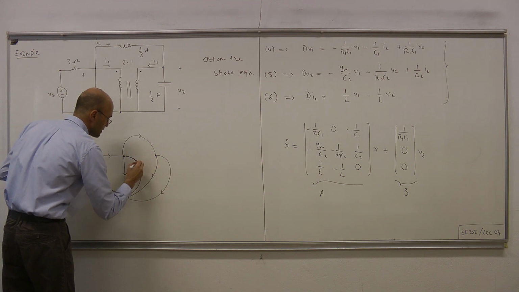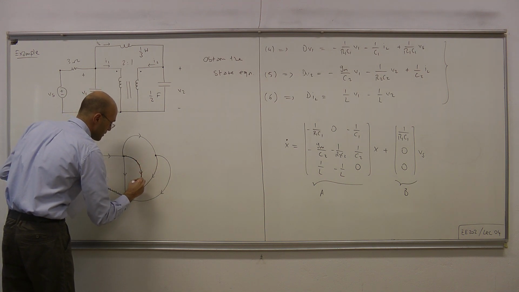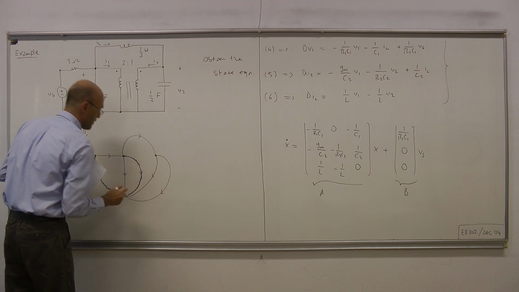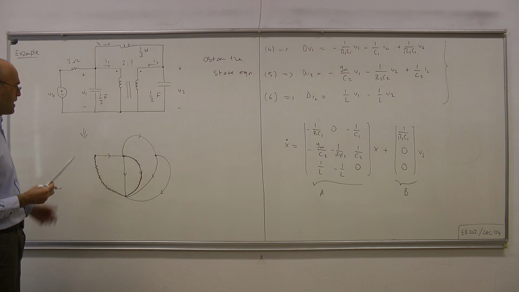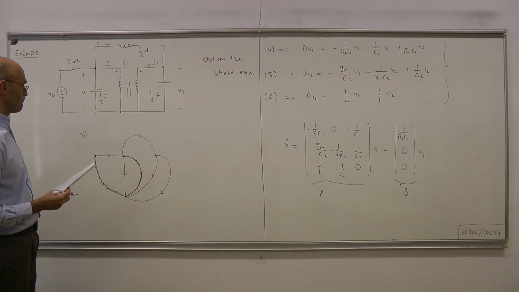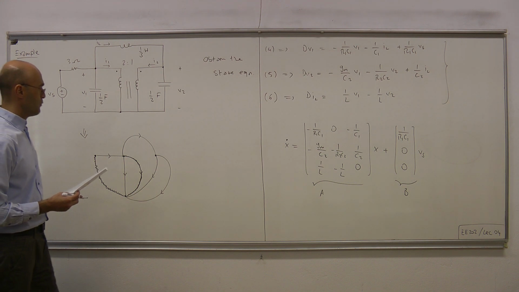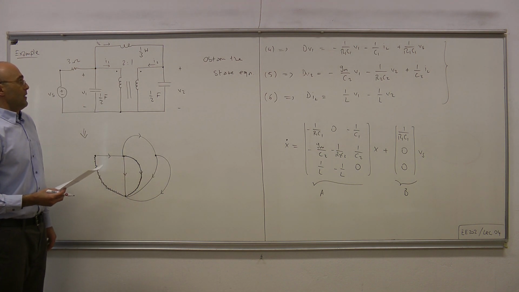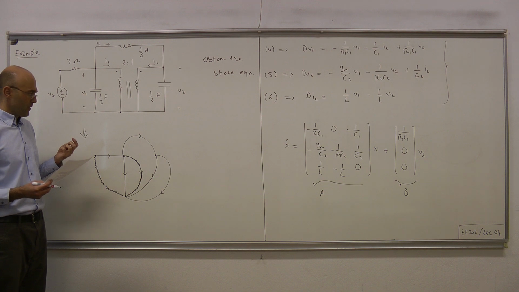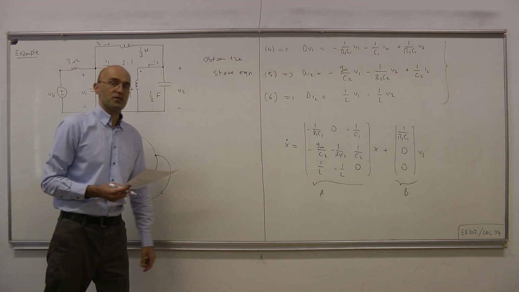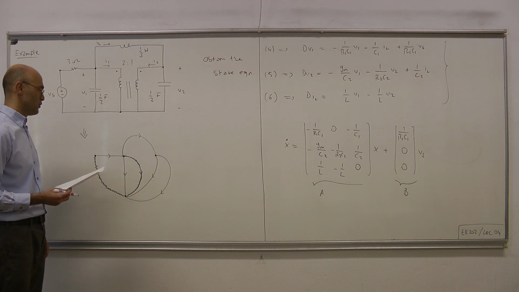and the other branch must necessarily be outside the tree. And finally, we should contain as many capacitors as possible in our tree.